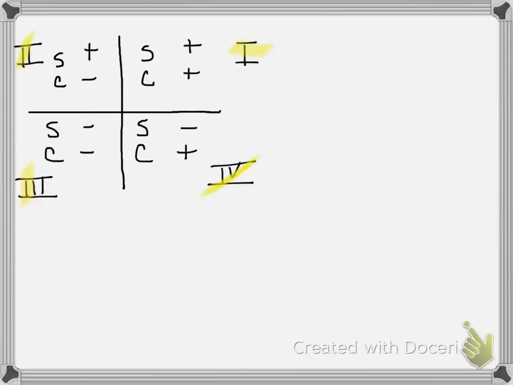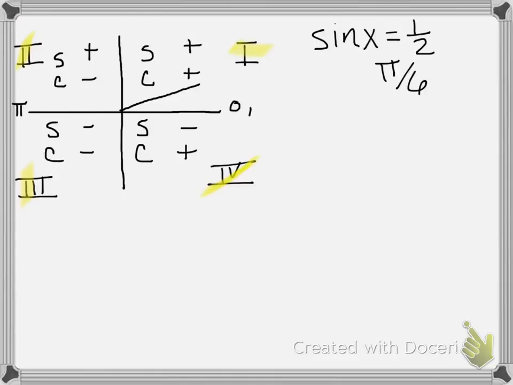Okay, so we had sine of x equal to 1/2 as the 0 for our first derivative, and we said that happened whenever x was pi over 6. Well, also, if you take pi over 6, which would be going roughly there, if you look over here at pi, sine is going to be 0.